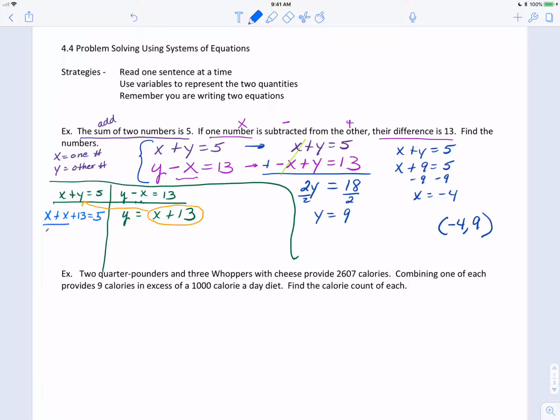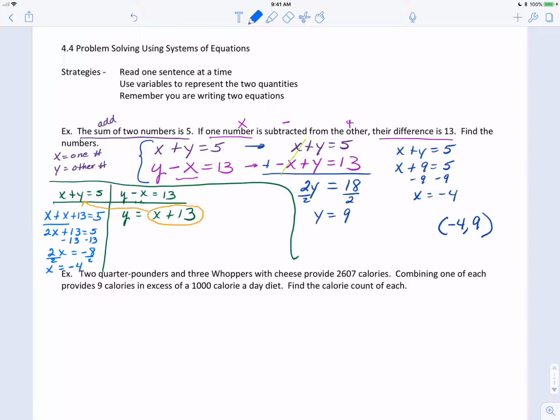Well, we're going to combine like terms, so that gives us 2x plus 13 is equal to 5. Let's subtract our 13 from both sides. So 2x is equal to negative 8. Divide by 2, x is negative 4.